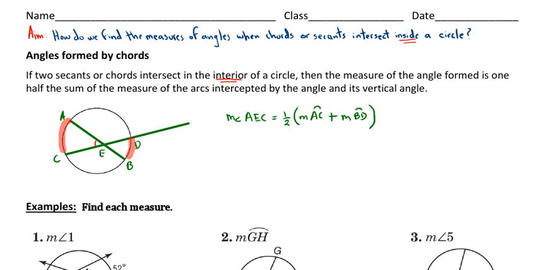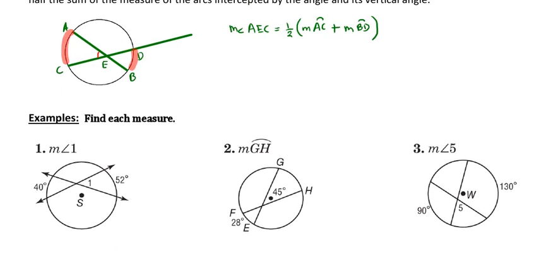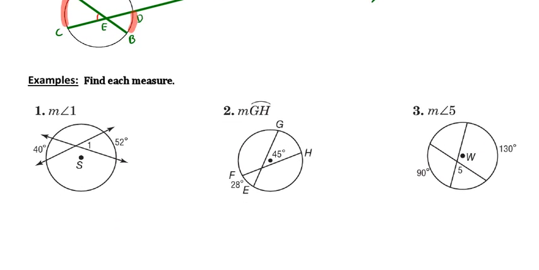So you add these measures and take half of that, or divide by 2, which is the same as 1/2. And with that, I'm going to do 3 examples, and I would leave 3 exercises for you.